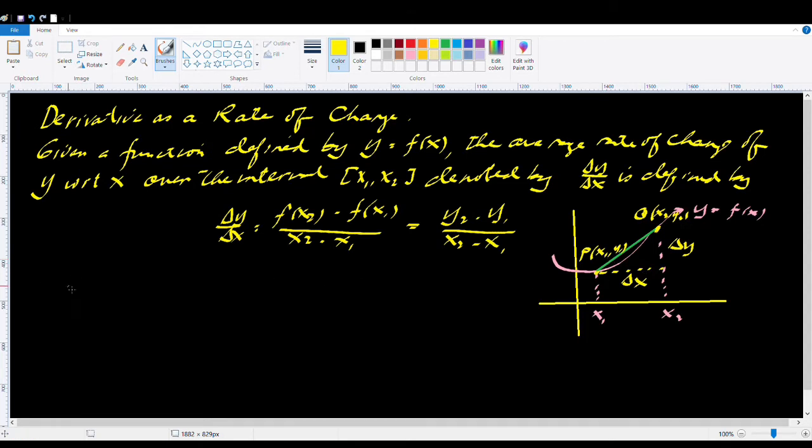On the other hand, we define the instantaneous rate of change of y with respect to x at the point x equal to x sub 1.